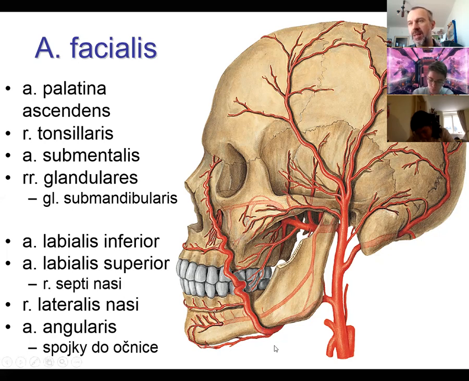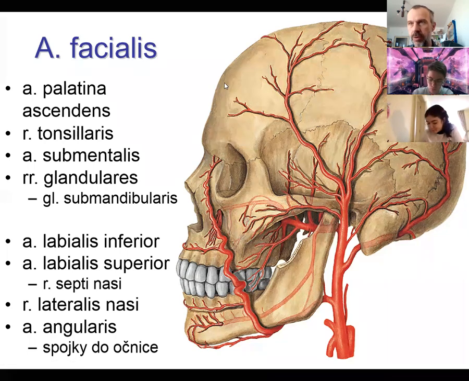So this part is nicely visible, and the branches are also nicely visible and not making a problem. So we have the inferior labial artery here and the superior labial artery here, which makes arches within the lips.